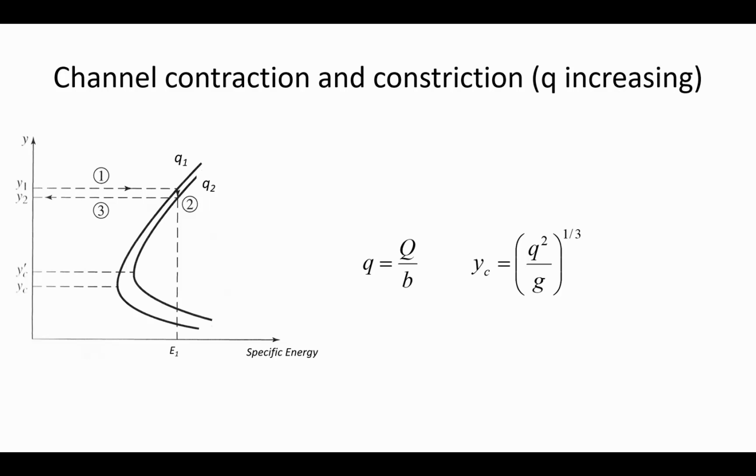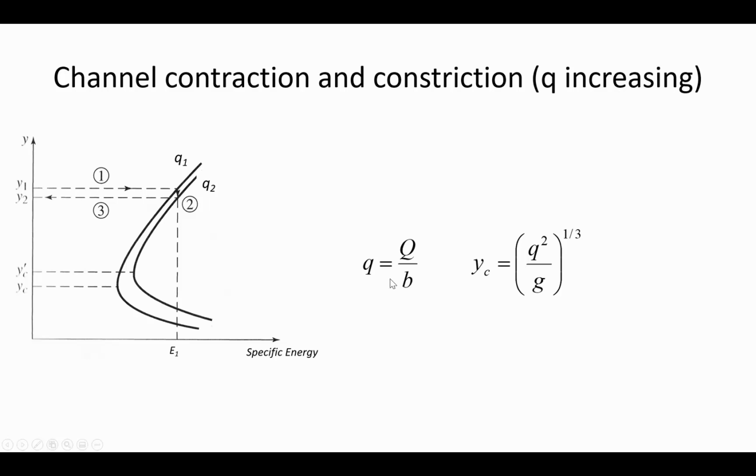In the previous class on Wednesday, we looked at the specific energy diagram when you change the width of a channel. When the channel width decreases, so B, lowercase b, remember, means the channel width at the bottom, if you have a certain amount of flow, Q, and now there's less width of the channel, then lowercase q, the flow per unit width, increases.